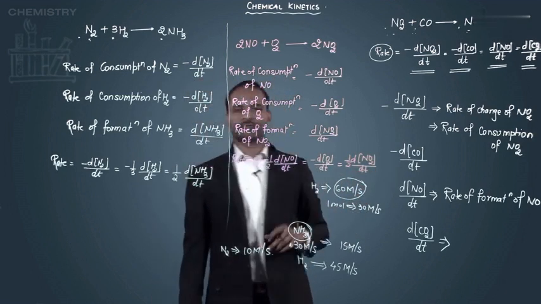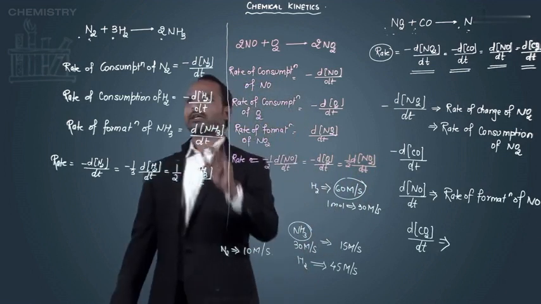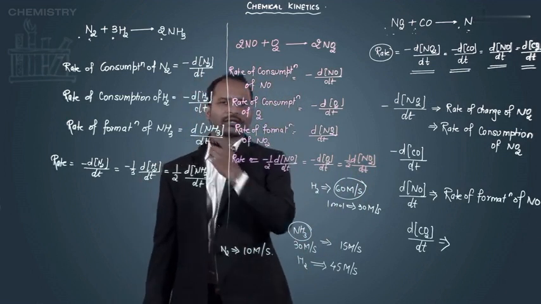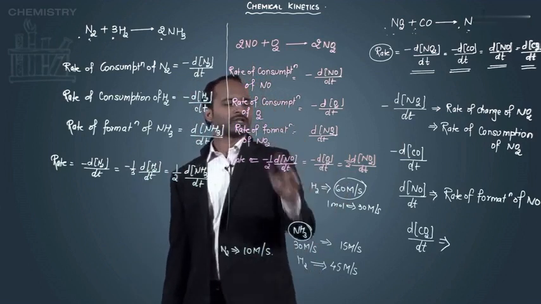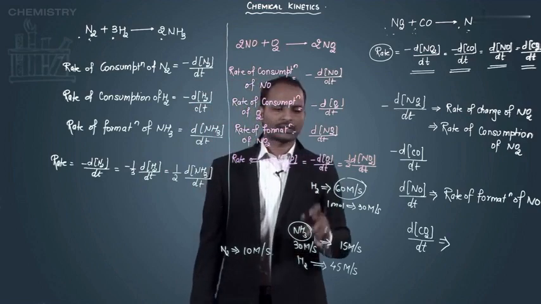So this is how we write the rate of reaction. Just keep in mind that if there is some coefficient, then while writing the rate of reaction, coefficients are always written in the denominator. And if the coefficient is 1, then nothing is in the denominator.